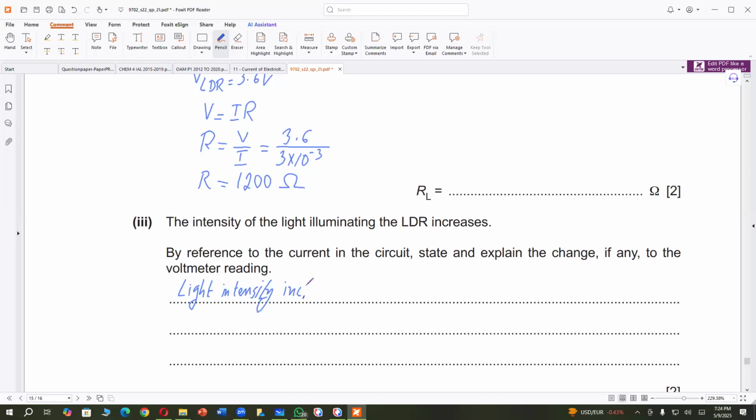Light intensity increases, resistance of LDR decreases.